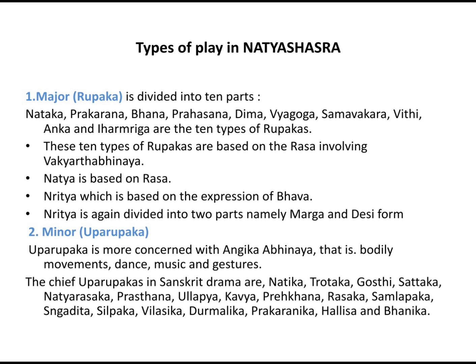Natya is based on rasa. Nritya is based on expression of bhava, wherein the dance, Nritya, is again divided into two parts, namely Marga and Desi form. Further moving on to the minor, that is Uparupaka, which is more concerned with Angika Abhinaya, that is bodily movement, dance, music, and gesture.